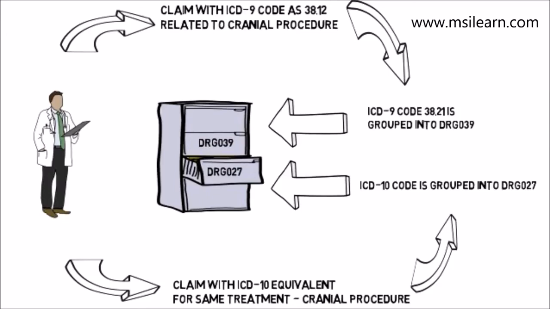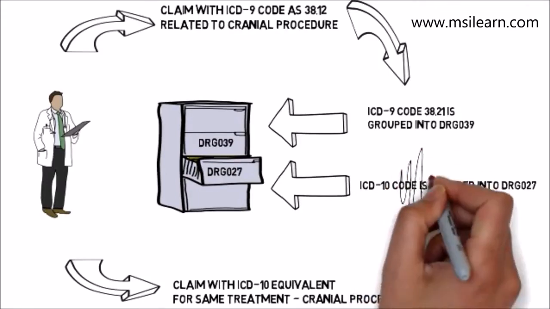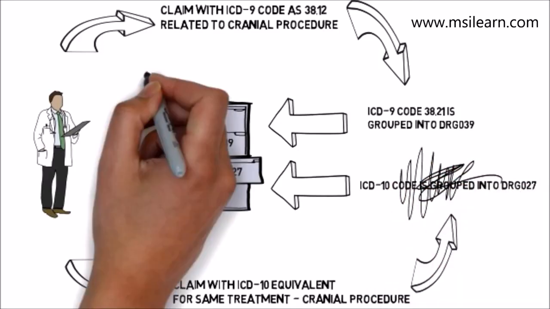So how would we do that? In order to achieve this, we need to get rid of the mapping or grouping of ICD-10 code into DRG. Because if we group that, it's going to be grouped into DRG 027, which is something that we don't want. We want to group it into DRG 039.